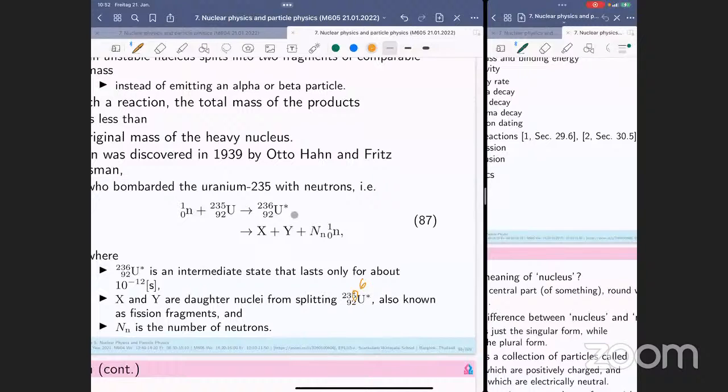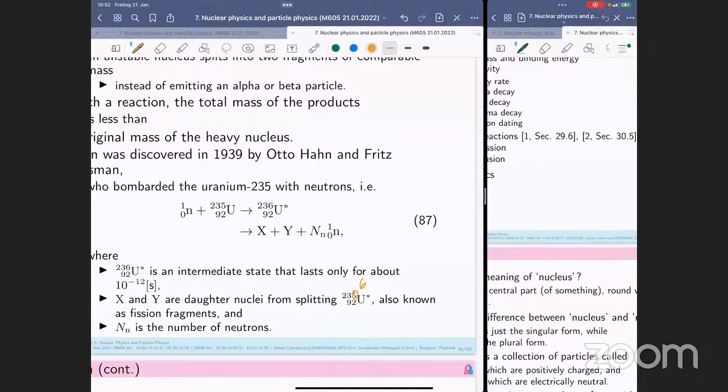There is vibration of protons and neutrons inside the nucleus of uranium-236, and it will last only 10 to the negative 12 seconds. So one femtosecond is very, very short. I really appreciate how the physicists measure such fastness by one femtosecond. It's really hard.